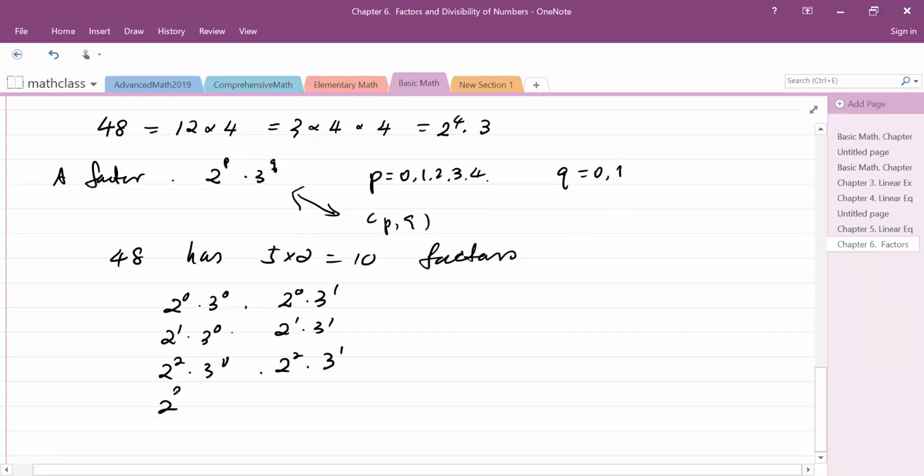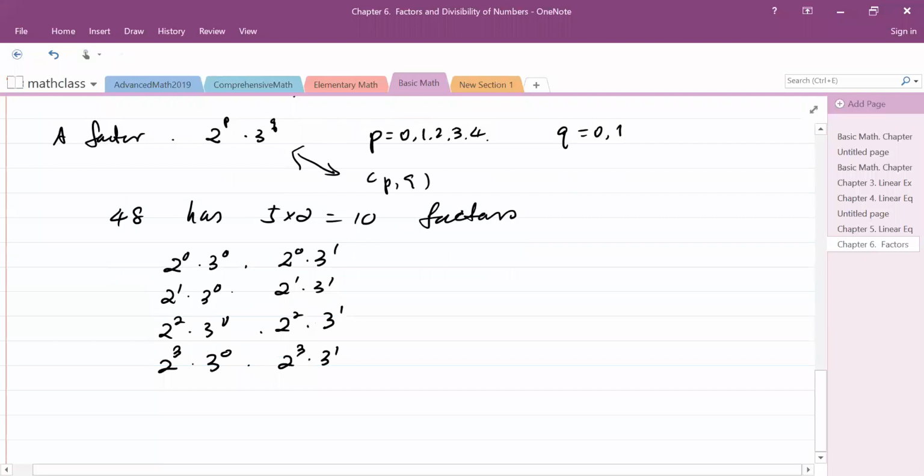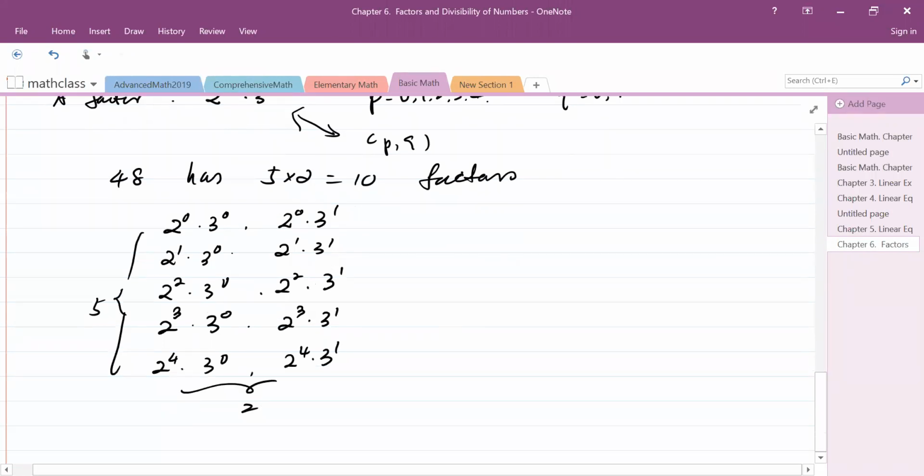2 cubed, 3 to the 0, 2 cubed, 3 to the 1, and the last one, 2 to the 4, 3 to the 0, and 2 to the 4, 3 to the 1. So how many of them? You have a 5 here, you have a 2. So it's like the area of a rectangle.